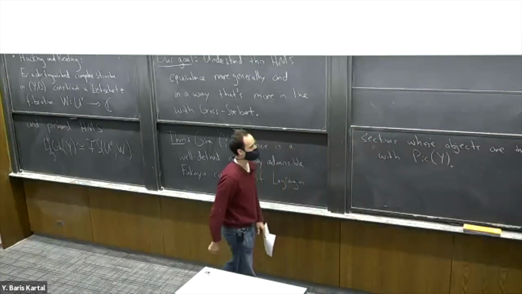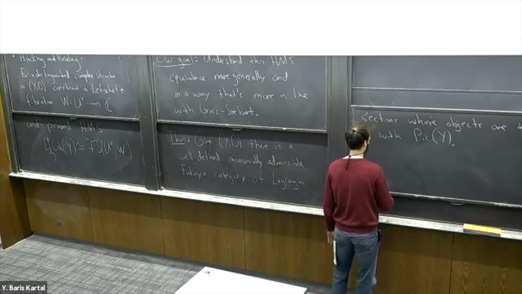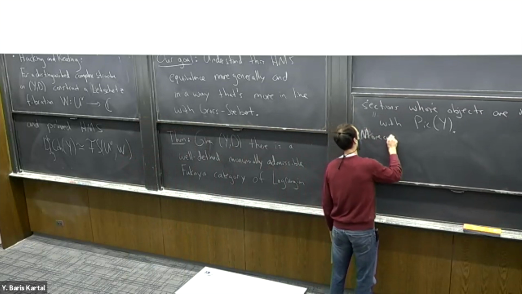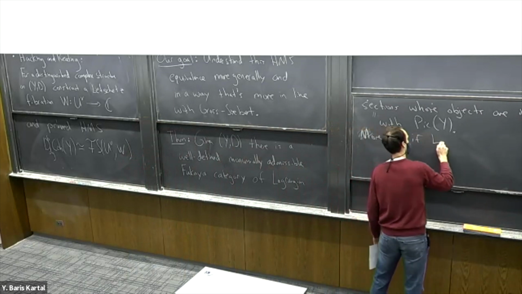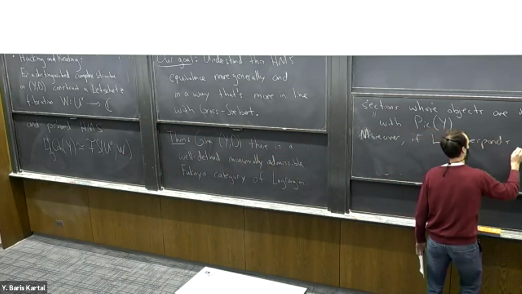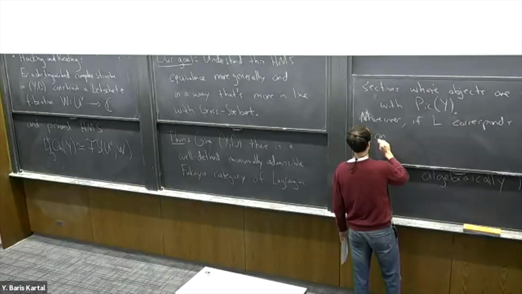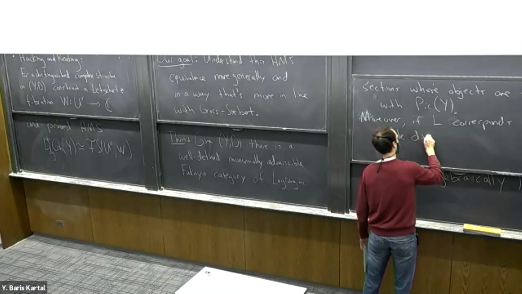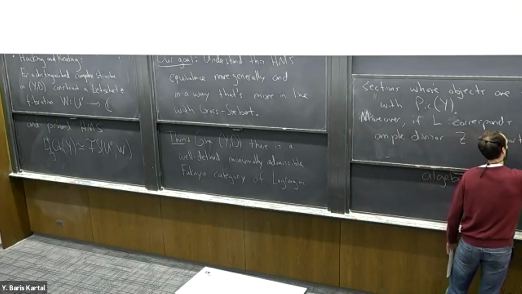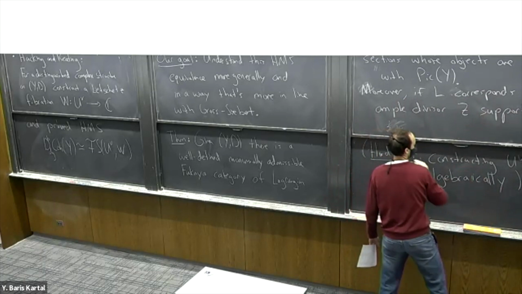And moreover, if you take a Lagrangian that is mirror to something ample and supported on D, then, okay, and I guess I need one more.